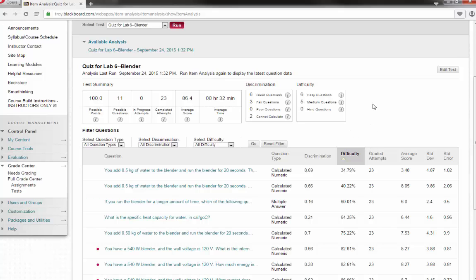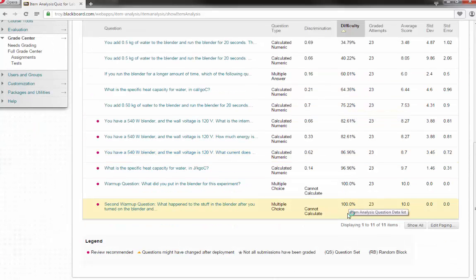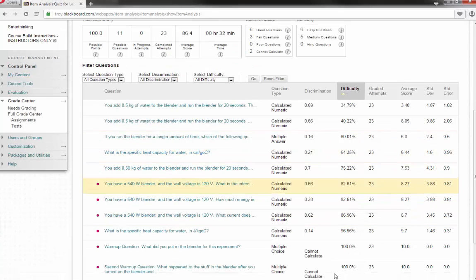In any case, what I've done here is I've ranked these questions in order from most difficult to least difficult. So if it says 100%, that means that everybody who attempted this question got it right. If it says 0%, it would mean that nobody who attempted the question got it right. I'm not going to do every single one of these questions.